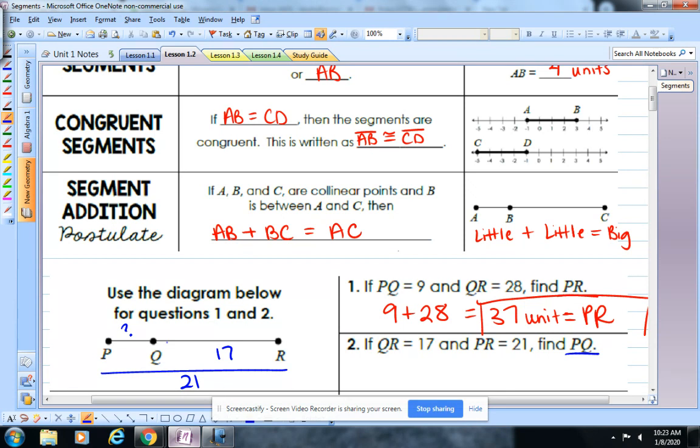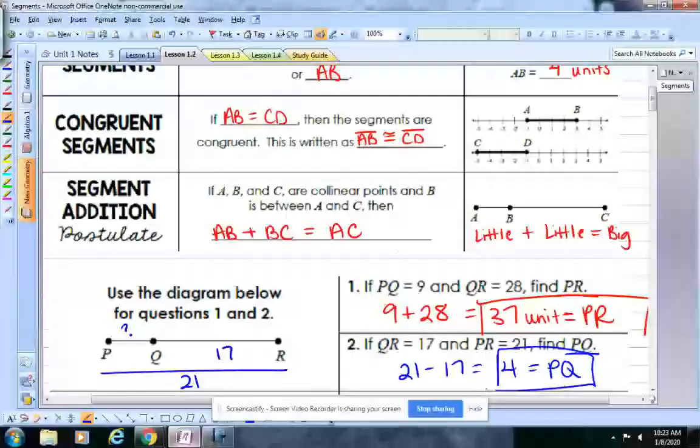So if I know the whole thing and I know one of the smaller segments, how do I get the other small segment? Yes. You subtract. So if they give you the whole one, you subtract the smaller side they give you to get the other smaller side. Does that make sense? So this is going to be 21 minus 17, which is what? 4 equals the length of PQ. Does that make sense?